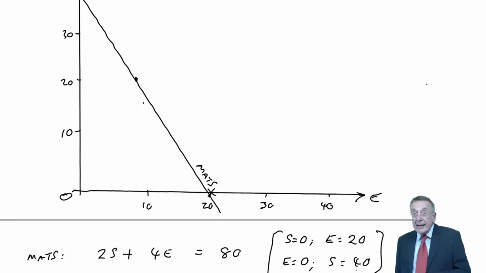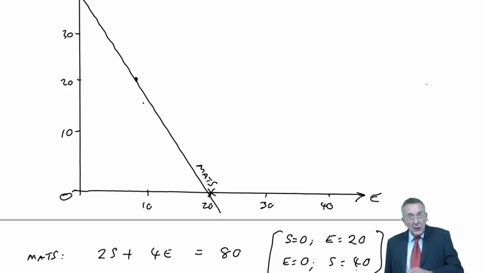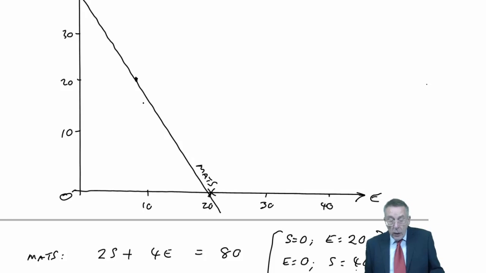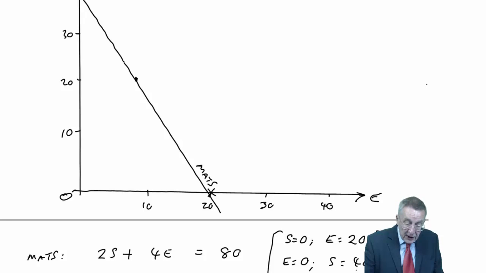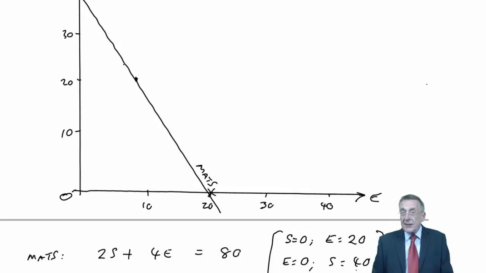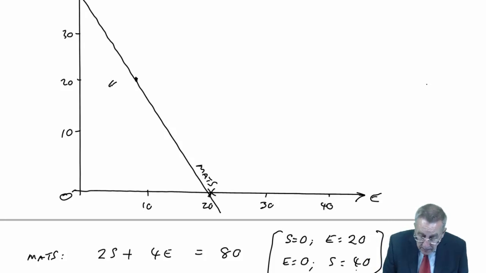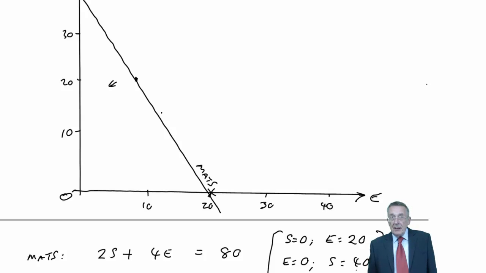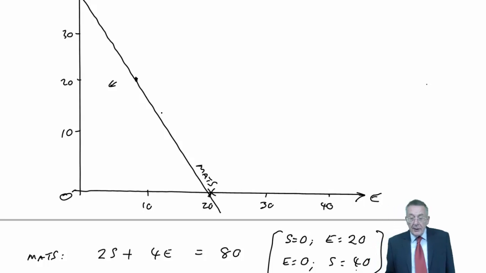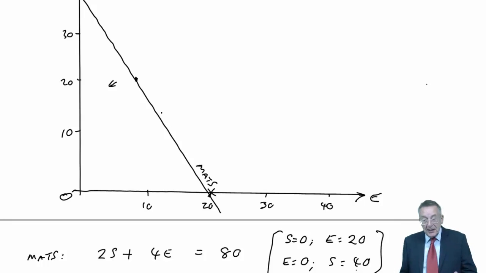However, the actual constraint was not that we had to use 80, but that was the maximum. We're going to use 80 or less. And so any answer we end up with, S and E either have to lie on the line and we're using exactly 80, or to be using less than 80, it'd be fewer S's or fewer E's, it'd be below the line. So whatever answer I end up with, S and E have to be on or below that line there.